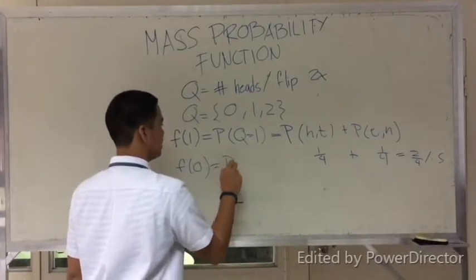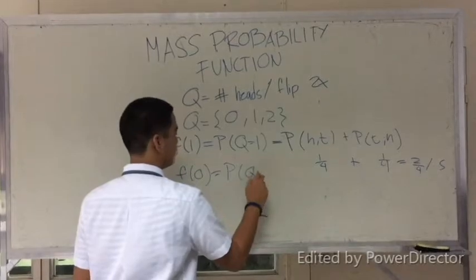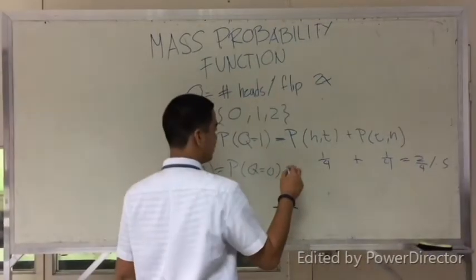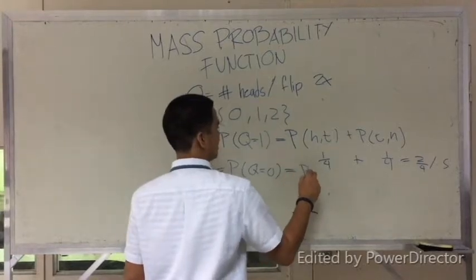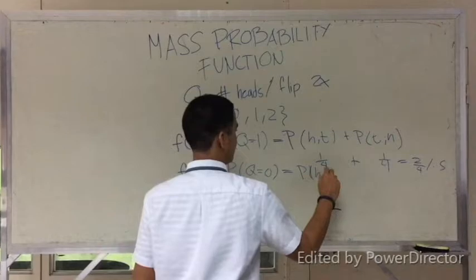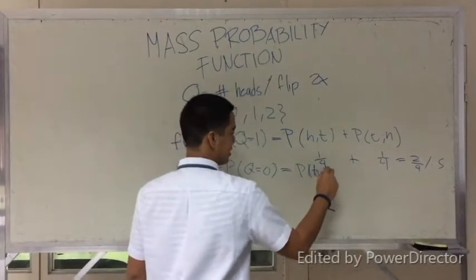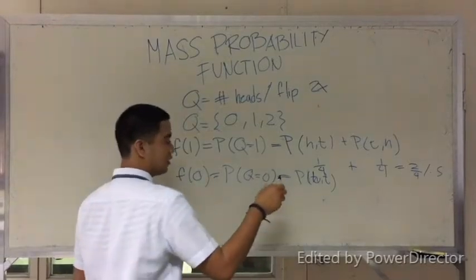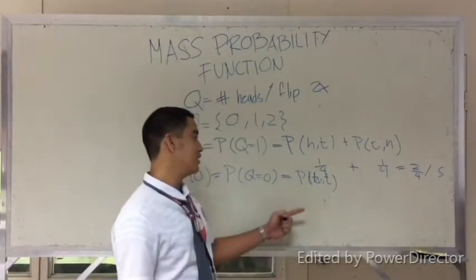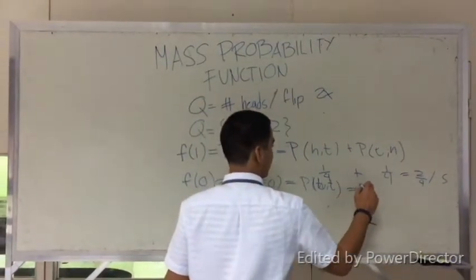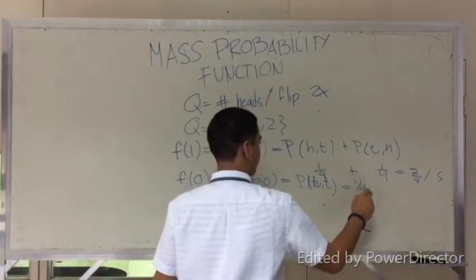Now, you want to know the probability of having no heads. So P(Q equals 0). The probability is tails and tails, which is equal to 1/4.